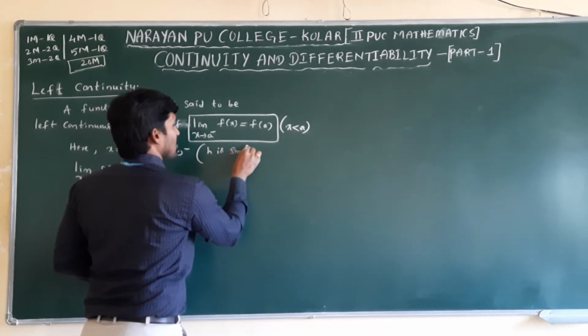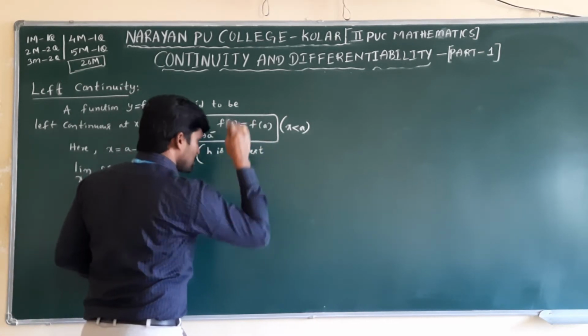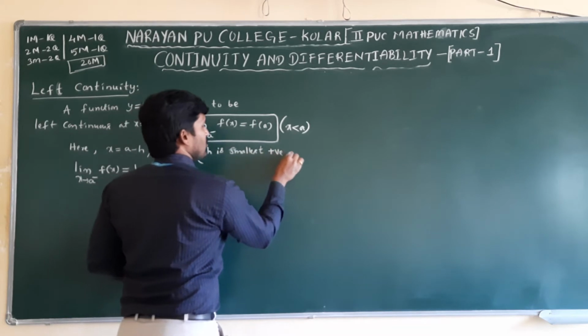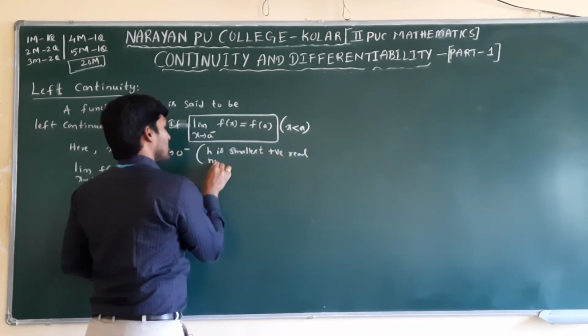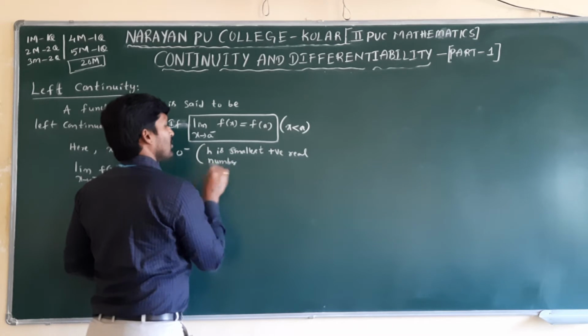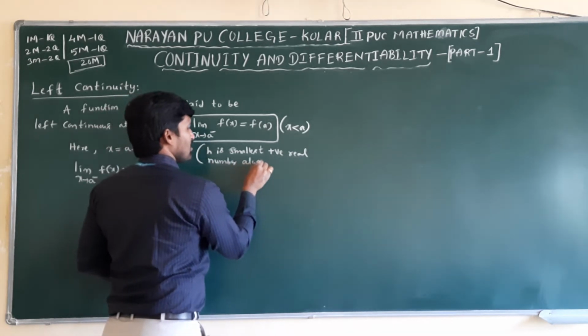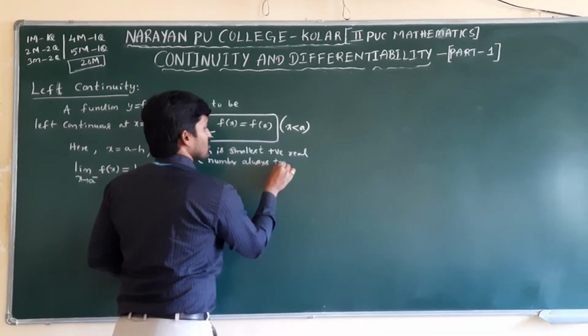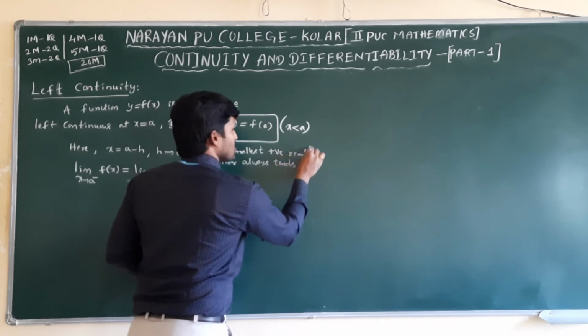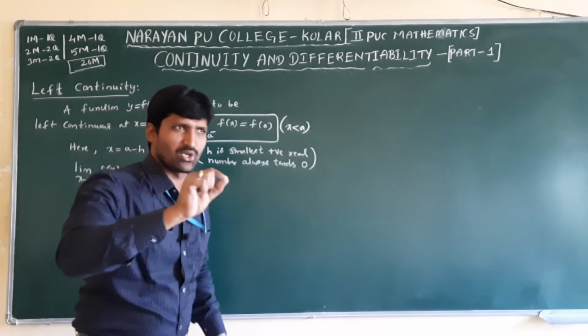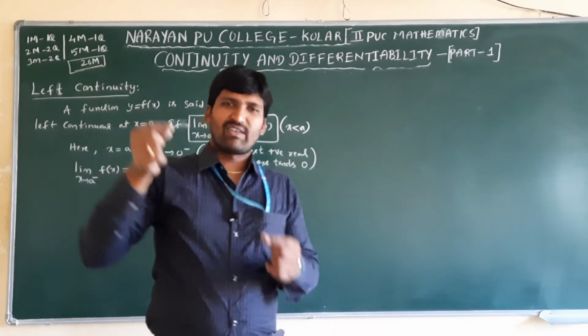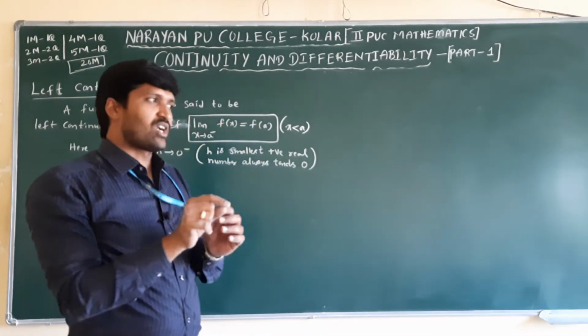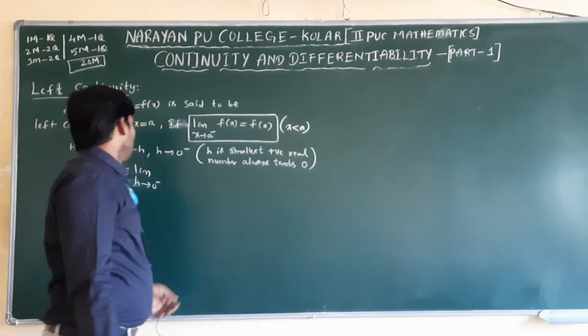Already we used it in limits. Tends to 0 means that is something like 0.000001. It is always near to 0 only. That's why we call it a very small value.